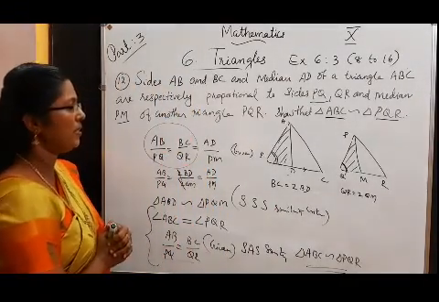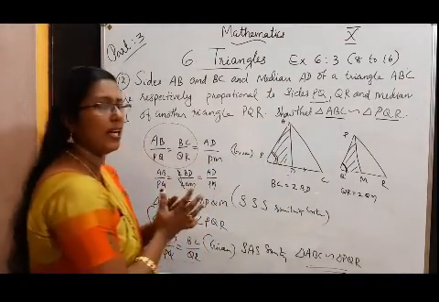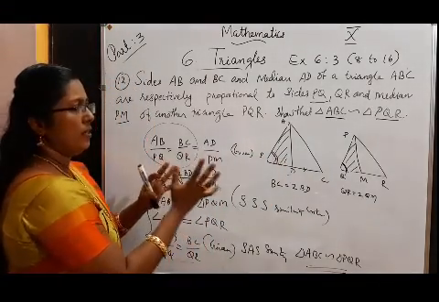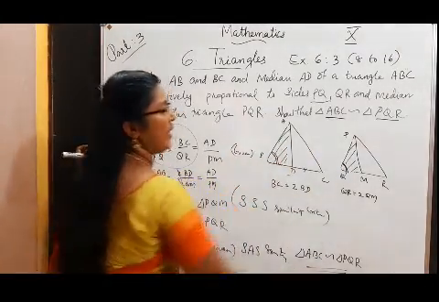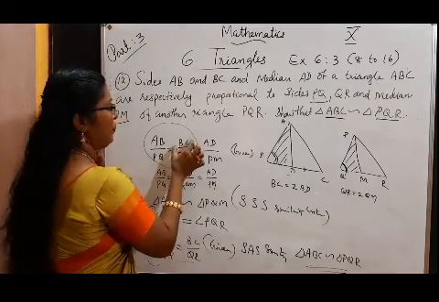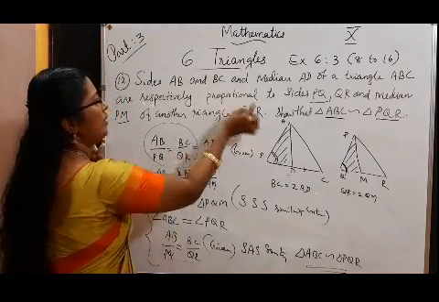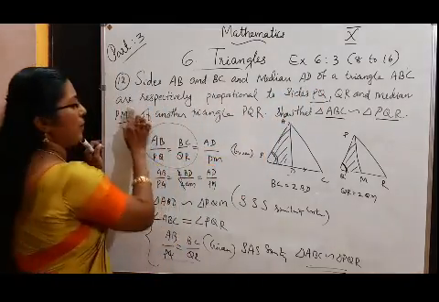Here I repeat. First of all, what is given? In these two triangles, the corresponding sides are proportional. These two sides and the median, AB by PQ, BC by QR and median AD by PM, are proportional.